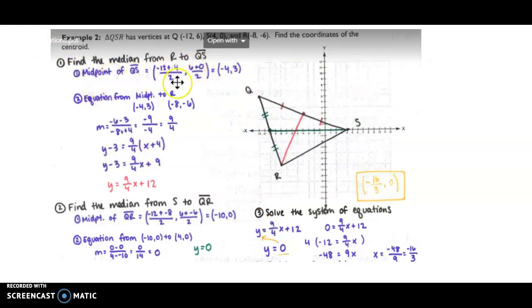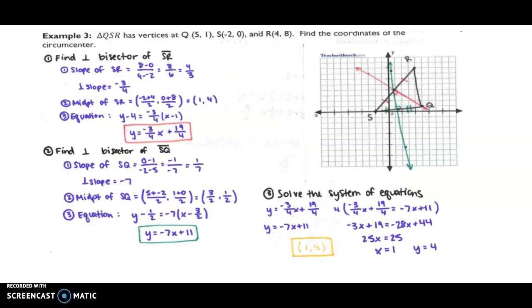Some more of these: find the median. Median is the halfway on the side here. And again, you need to use a system of equations. And a perpendicular bisector.